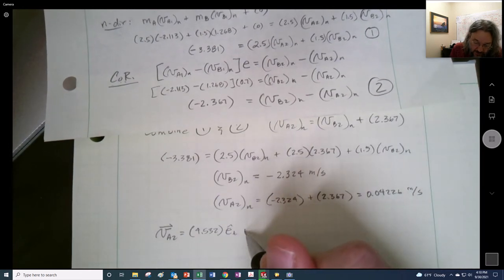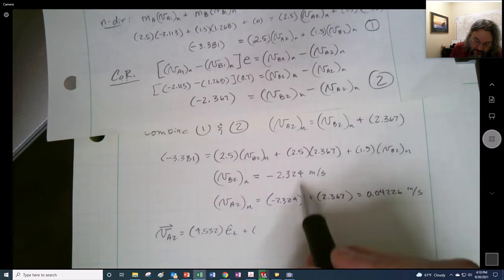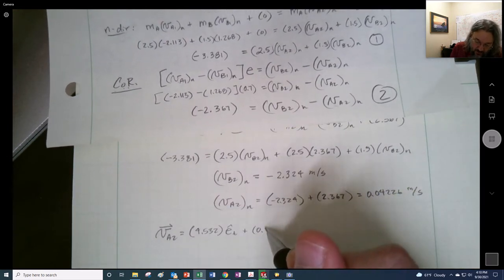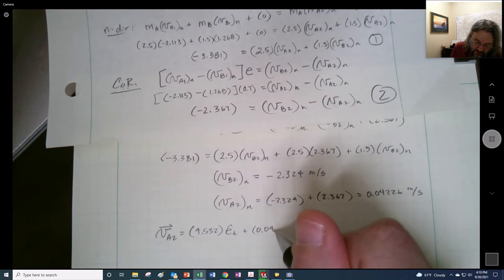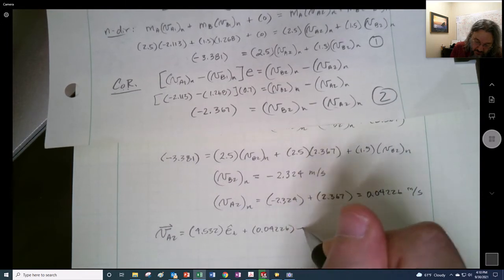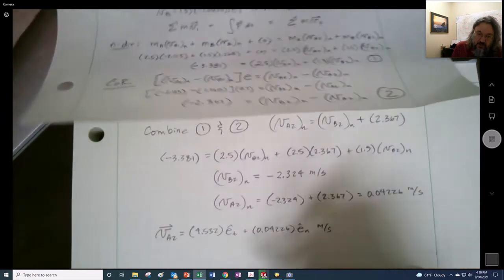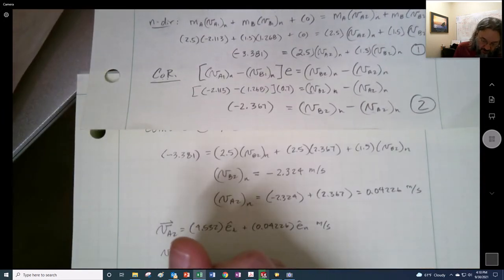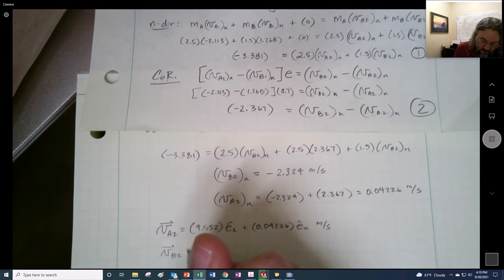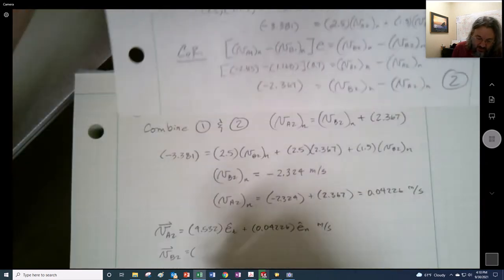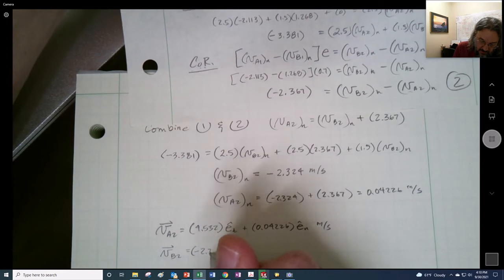And then plus, now we have this value. And notice it's positive, so it kept on moving, but it almost stopped in the normal direction. And then we'll do the same thing for B. Now, it initially was negative 2.719. It still is.